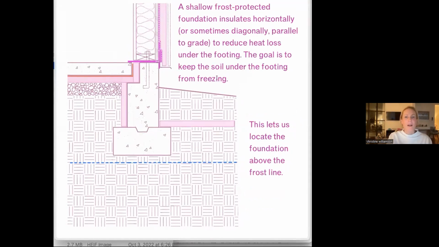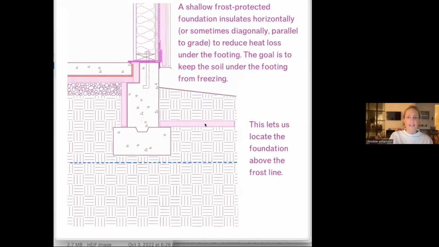When we talk about a shallow frost protected foundation, we can move our footing above our frost line. So we've put it up here above our frost line, and to protect us from the heaving from the soil, we can put insulation horizontally here.